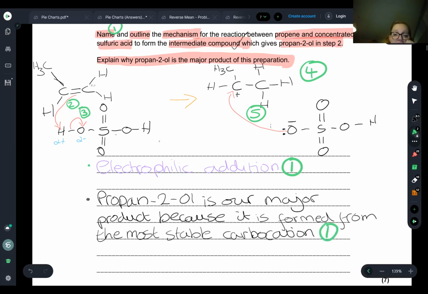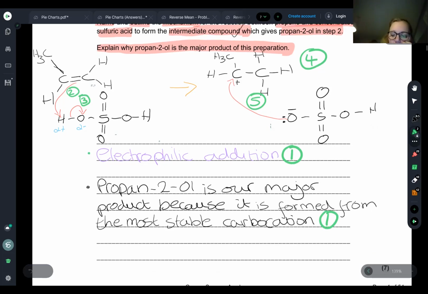And your final mark is going to explain why that carbocation is more stable. So that is a secondary carbocation, as we can see. The other one would give us a primary carbocation, and a secondary carbocation is more stable than a primary carbocation. So propan-2-ol is the major product because it's formed from the most stable carbocation.